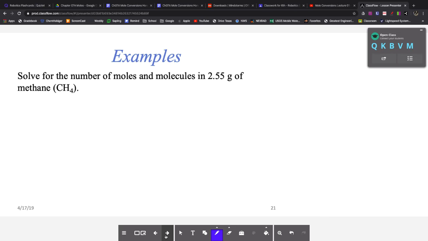This one, there's actually two questions. Solve for the number of moles and molecules in 2.55 grams of methane. So we're going from grams, right? And then we have to figure out, well, what can we go to if we start with grams?